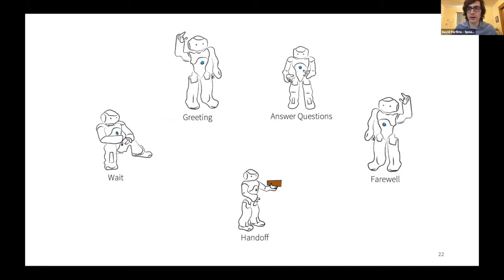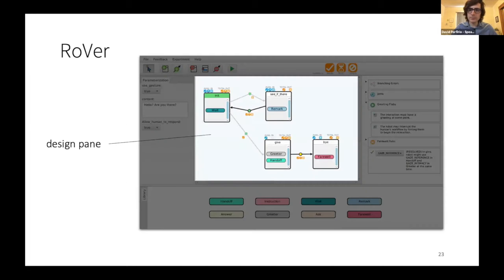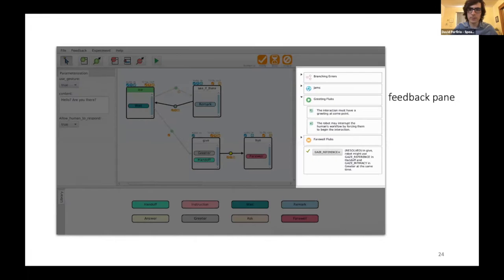To enable interaction design, it allows people programming the interaction to take a set of behaviors, like the 5 behaviors that you see on the screen right here, and assemble and parameterize them in what we call the design pane. But the primary novelty of Rover comes from its ability to provide feedback to designers based on whether their design satisfies a set of social norm properties.